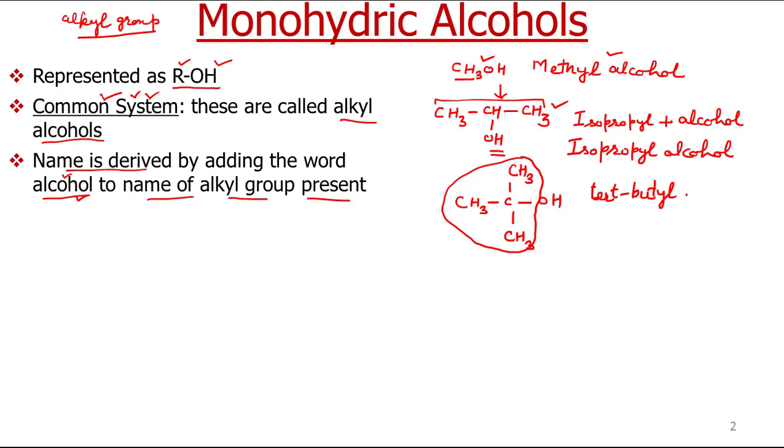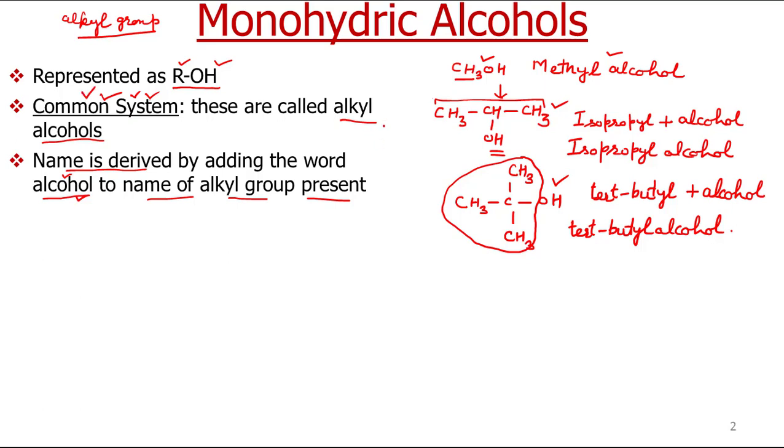This is the alkyl chain part plus alcohol. So the name will become tertiary butyl alcohol. This is the name of this compound using the common system of names.